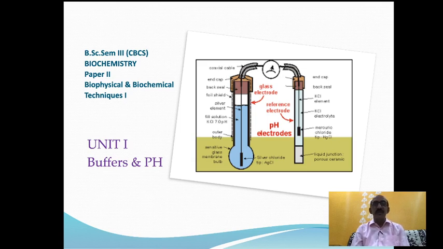Unit 3 and unit 4 are concerned with chromatography. Chromatography is a separation technique. How will you separate the biochemical compounds from the biological solution? It is given in unit 3 and unit 4.